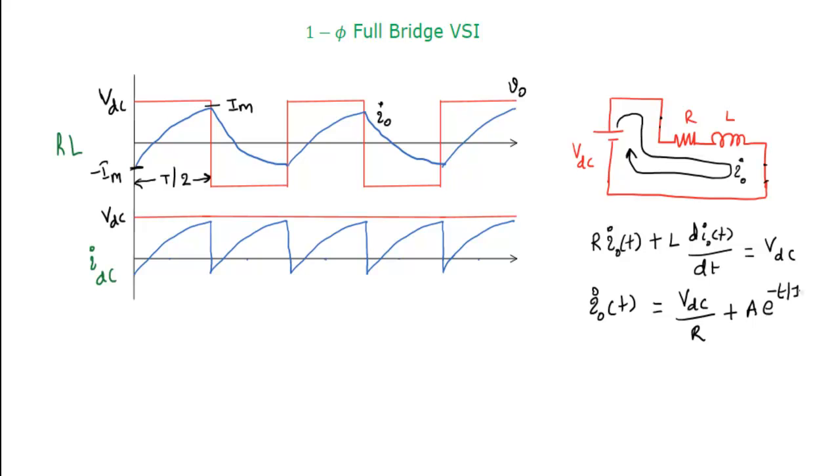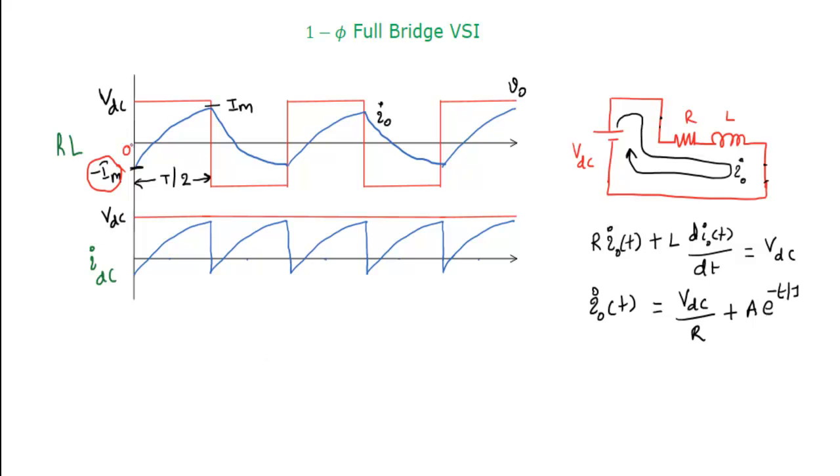Now we need to calculate A. How to calculate the A for this? We need to use the initial conditions. You can see here when t equals 0, that means when the waveform is starting, current in the circuit or inductor will be minus Im, assuming the previous pulse is there.